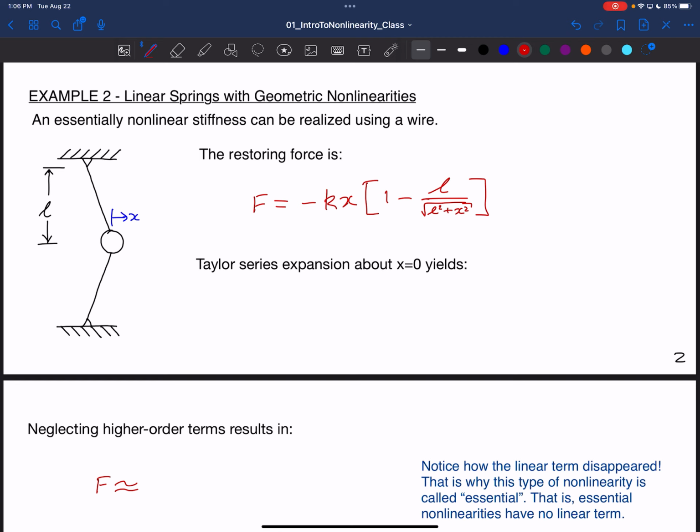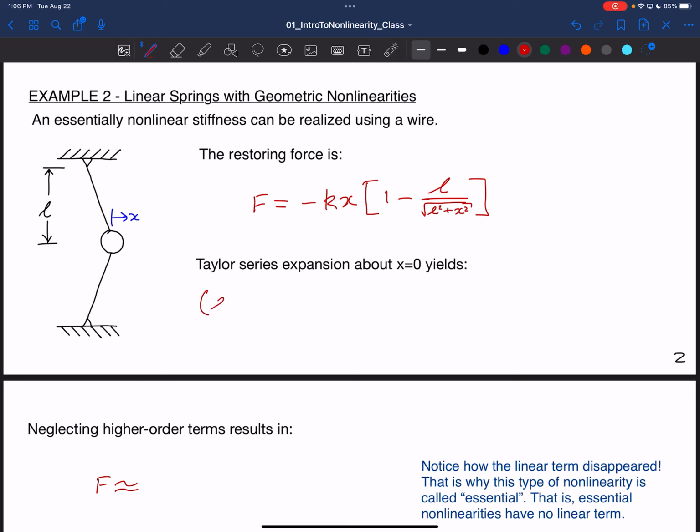What we're going to do is a Taylor series expansion about x equals 0, which is the equilibrium point. We're going to actually just look at the bottom term, this term right here. Not the numerator, the denominator of that. We're just going to do the expansion there, and then we'll come back and plug it in a moment.